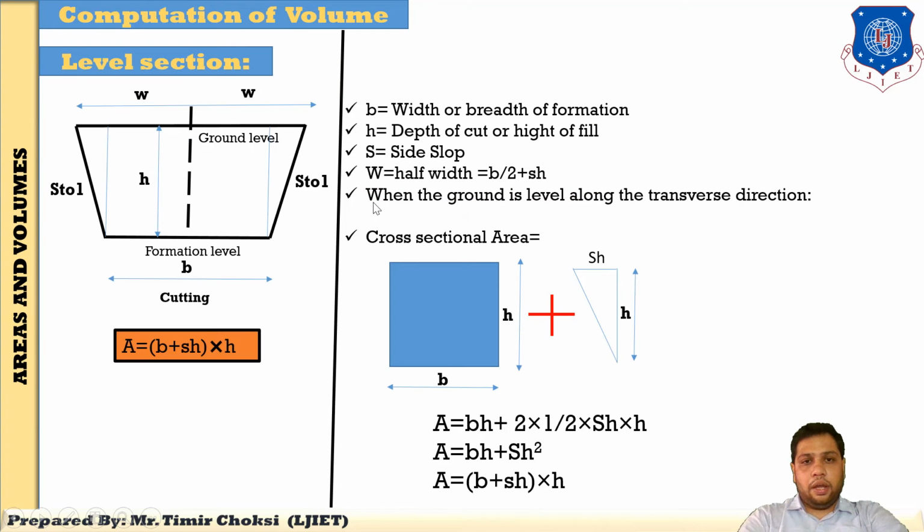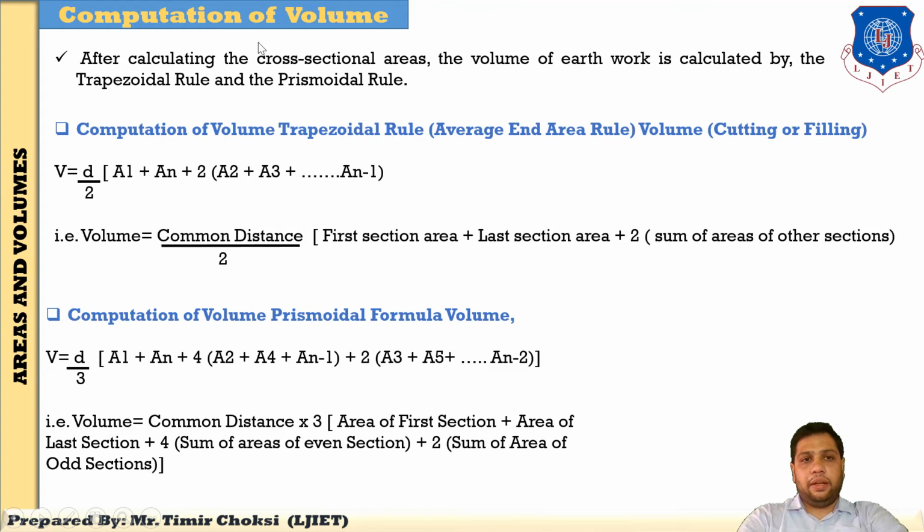So now there are two rules for computation of volume. Students, you know that in the section on area, there are four rules: mid-ordinate, average ordinate, trapezoidal and Simpson. For area, I have explained all the derivations and described the equation of every method. But in this section on volume, you must directly remember the equation.